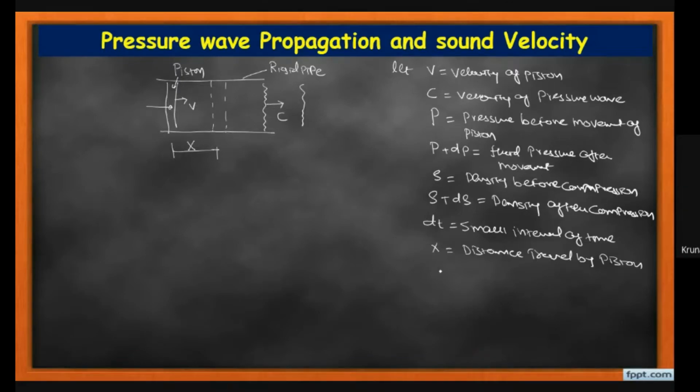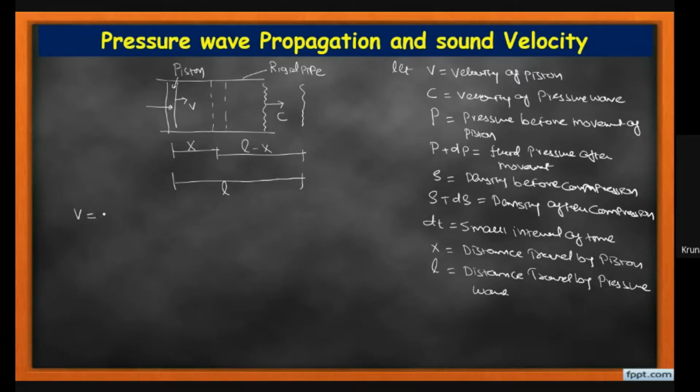Then let me take L. L is the distance traveled by the pressure wave. Suppose this distance is traveled, and this distance is called L minus x. Now we write another expression: velocity equals the distance traveled divided by the time.